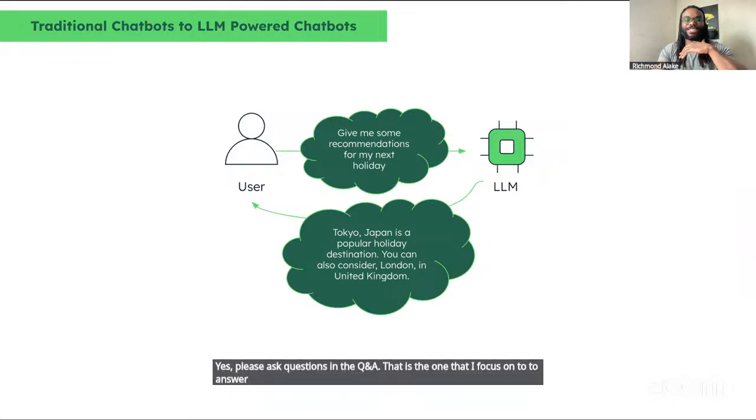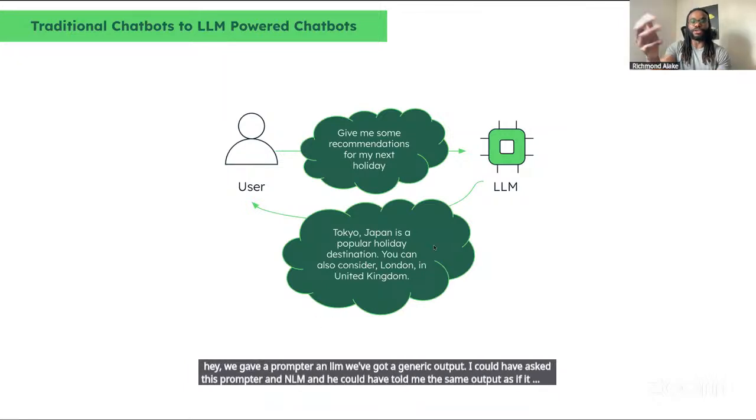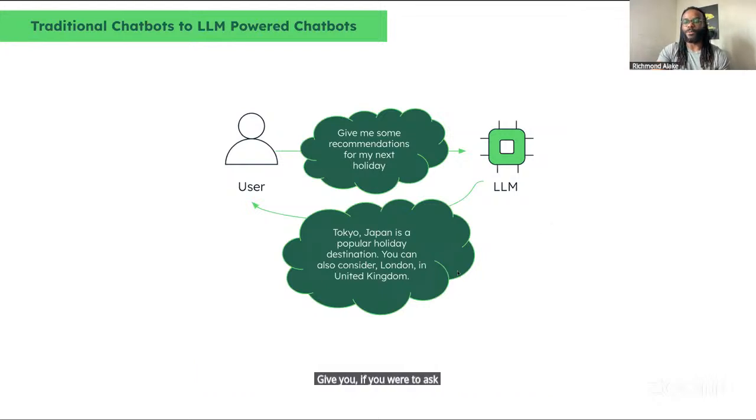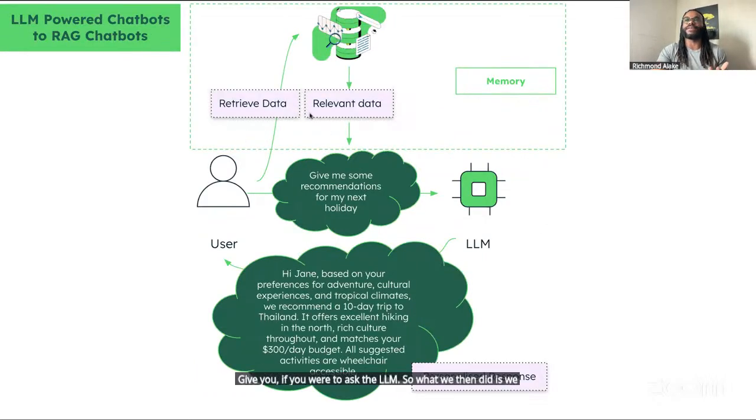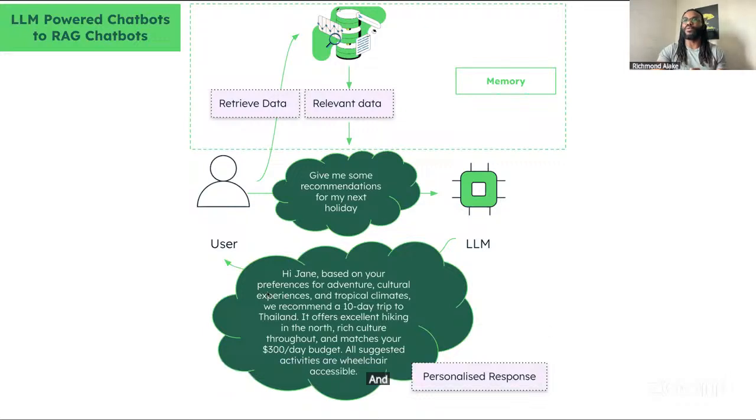So just to give some more background there. We started with, hey, we gave a prompt to an LLM, we got a generic output. I could have asked this prompt to an LLM and it could have given me the same output as it would give you. So what we then did is we said, hey, let's get some relevant data, concatenate it to the prompt, and pass it into the LLM and get a more personalized response.